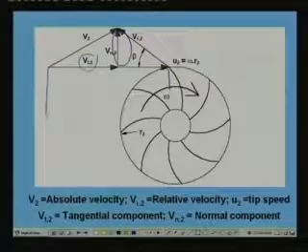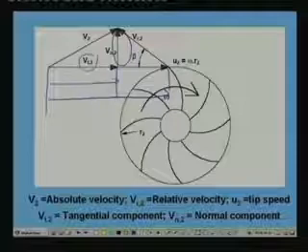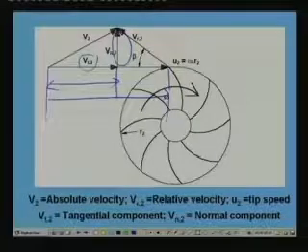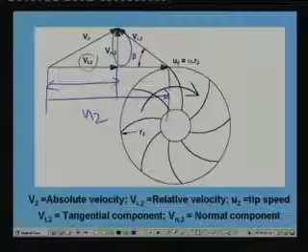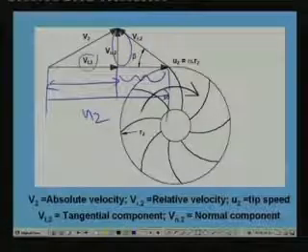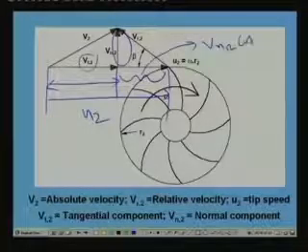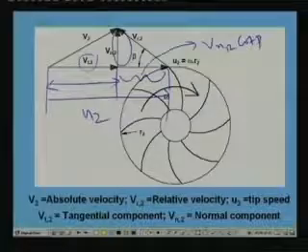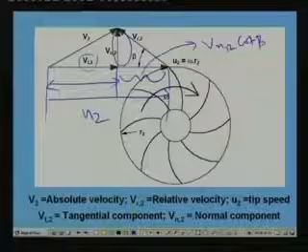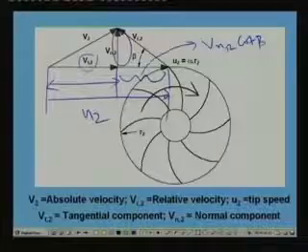It is the peripheral velocity u2 minus this distance, which is Vn2 into cot beta. So u2 minus Vn2 cot beta will give you Vt2.